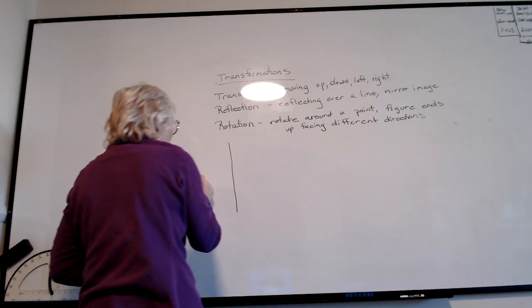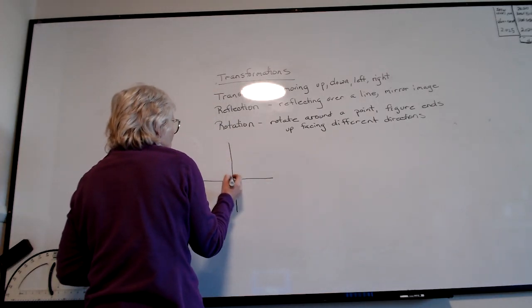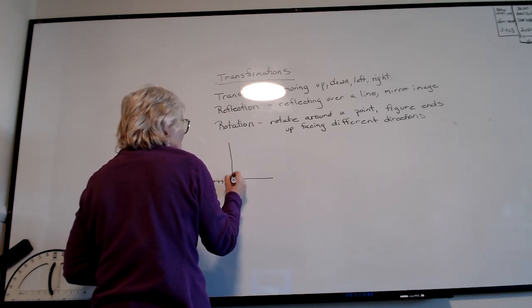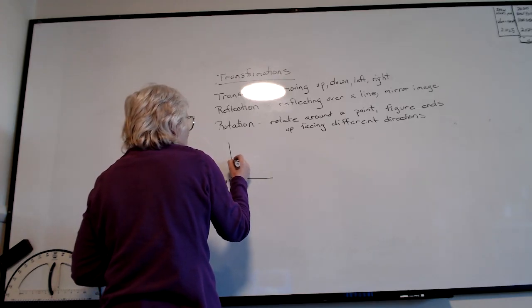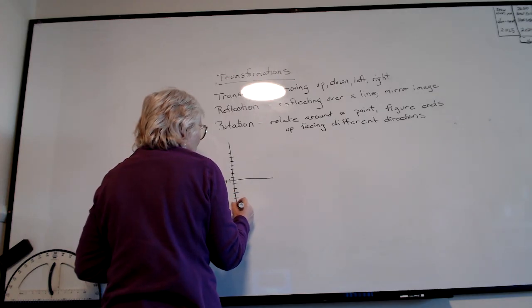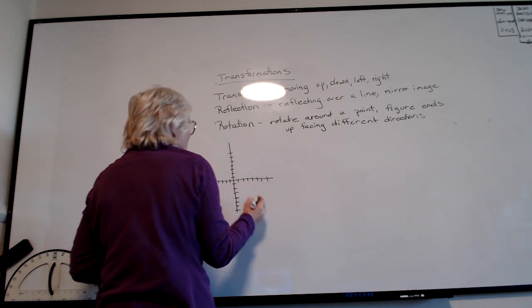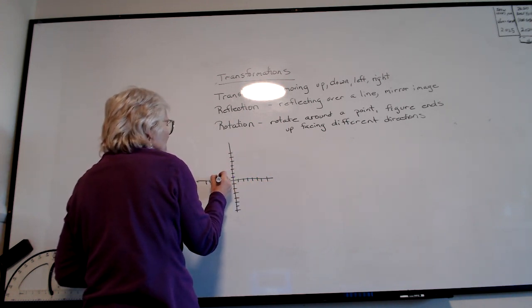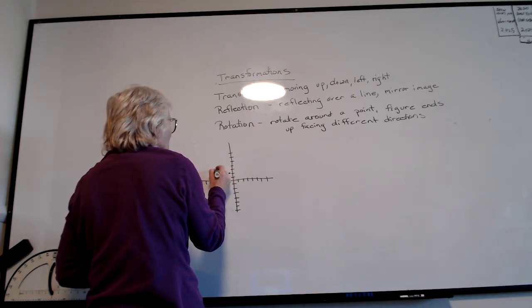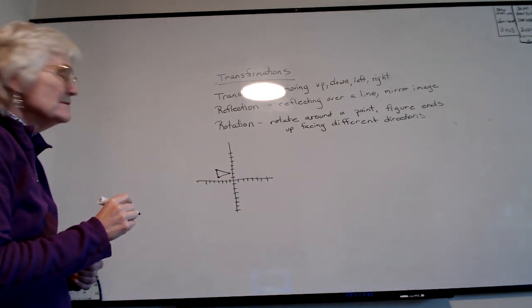So here we have our graph paper. And if I have just a triangle, let's say I have this figure, some sort of triangle like that.